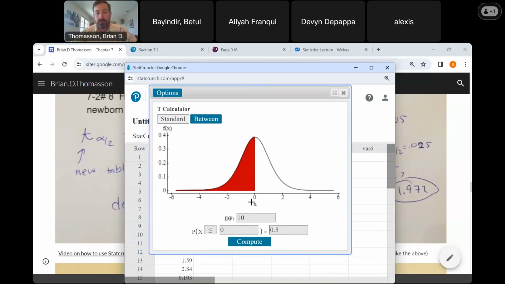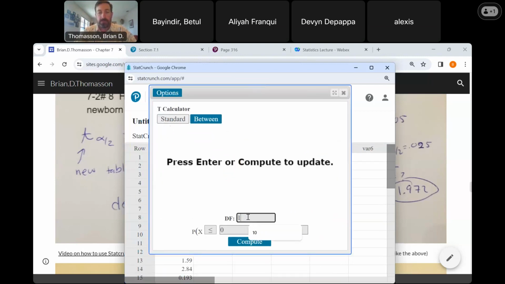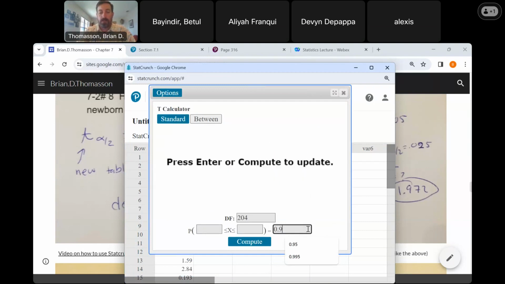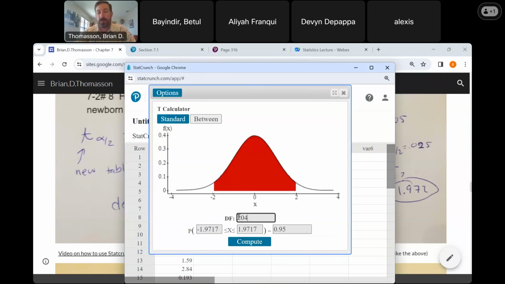We have our degrees of freedom, which is n minus 1. Our sample size was 205, so our degrees of freedom would be 204. And then we go between. And that inner area, we want to be 95%. So it's very similar to the normal distribution. We just have to enter in the degrees of freedom as well.